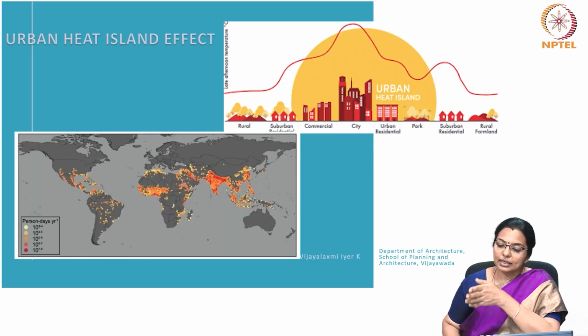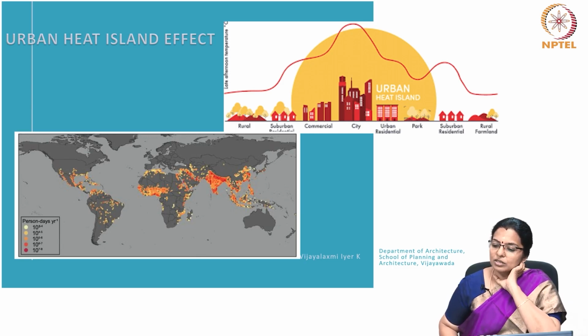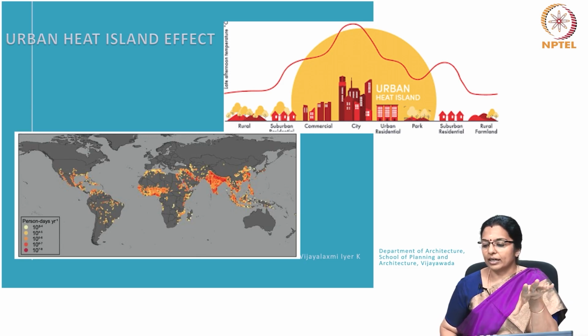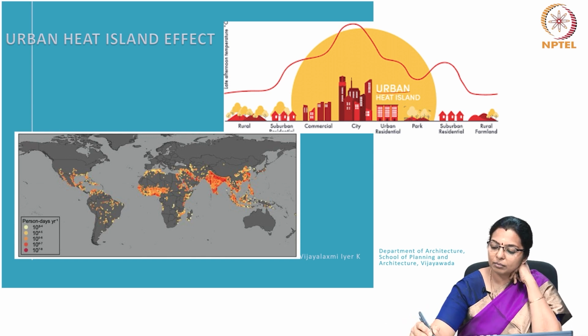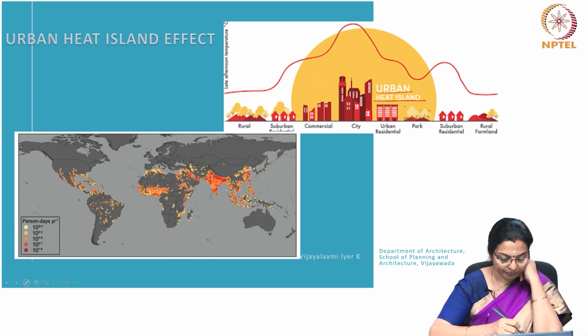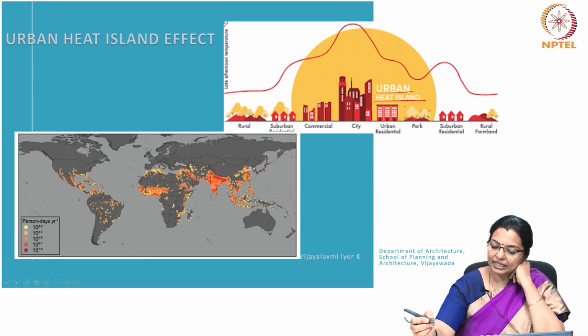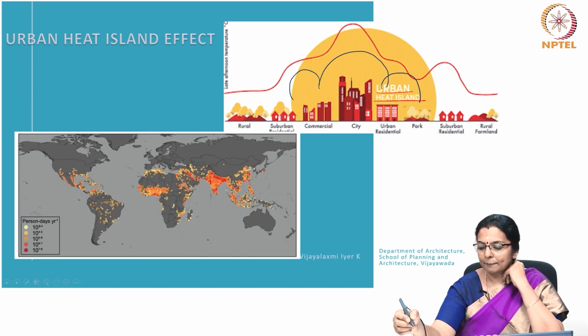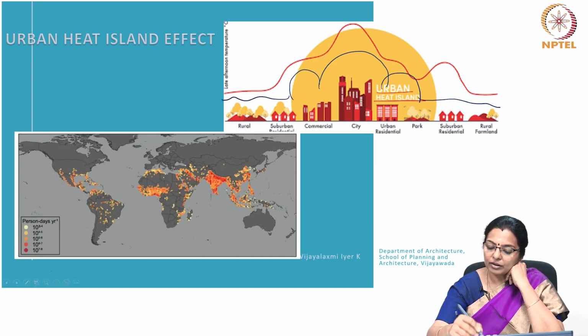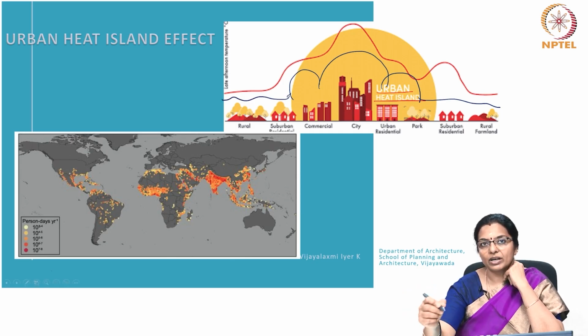If you look at these pictures, though these are only indicative, it will give you a brief idea of what is urban heat island. Urban heat islands are heat islands formed along urban centers, which are very typical only for urban centers, and they are not formed along the periphery of the urban areas.